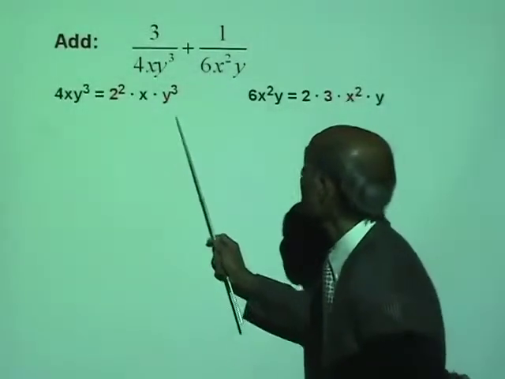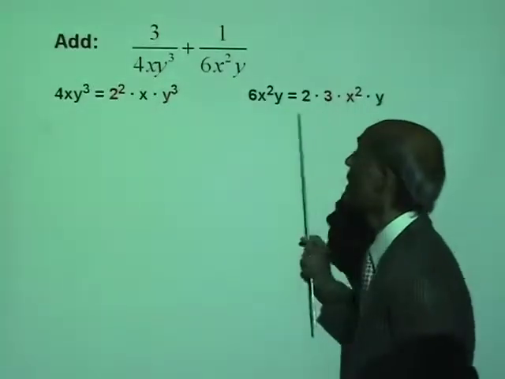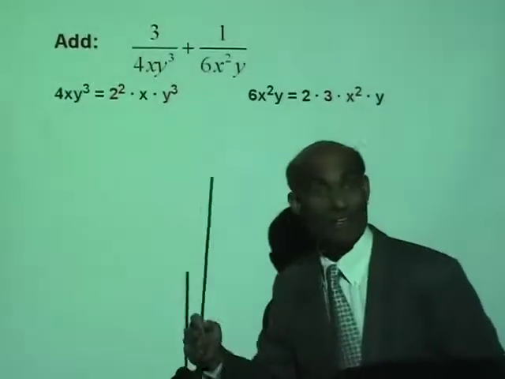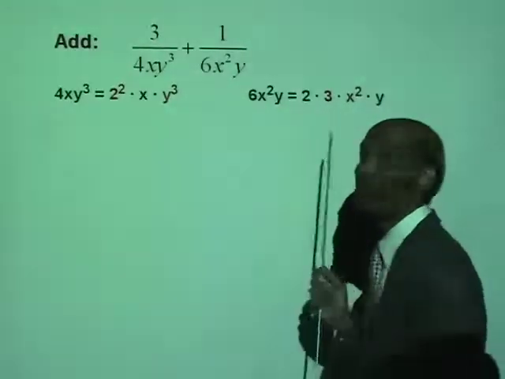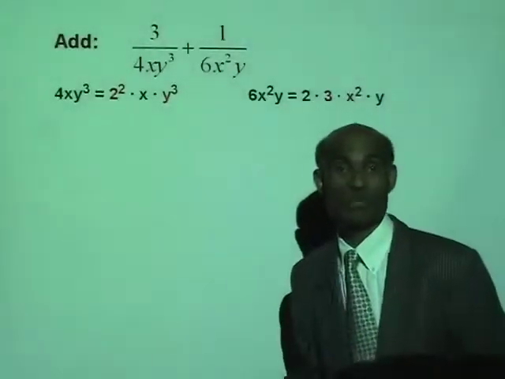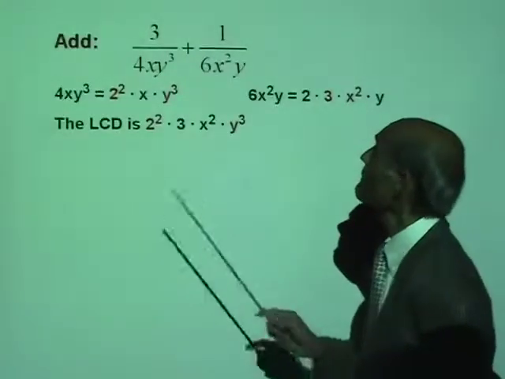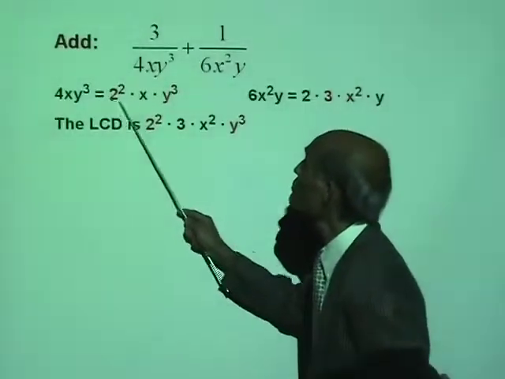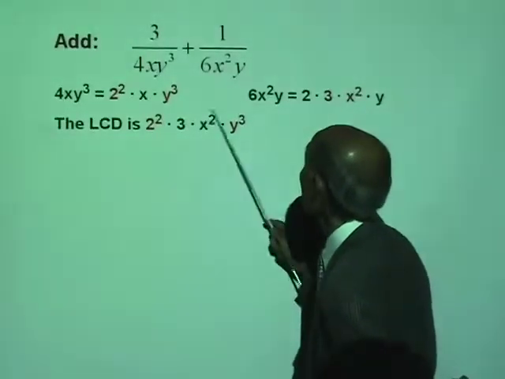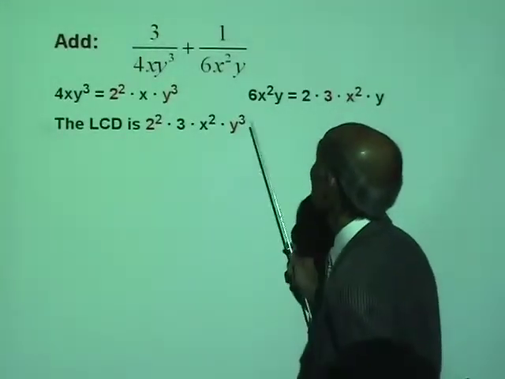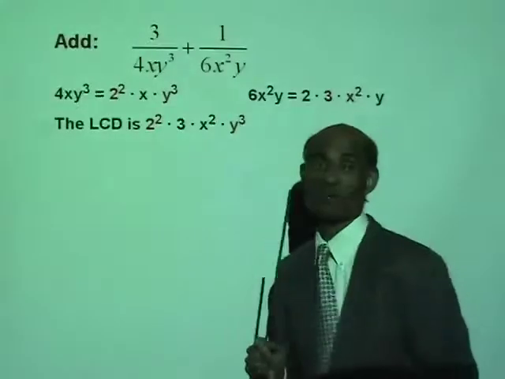And then x and x squared, we will pick x squared. Then y cubed and y, we will pick y cubed. So what is the LCD? The LCD is 2 squared times 3 times x squared times y cubed.